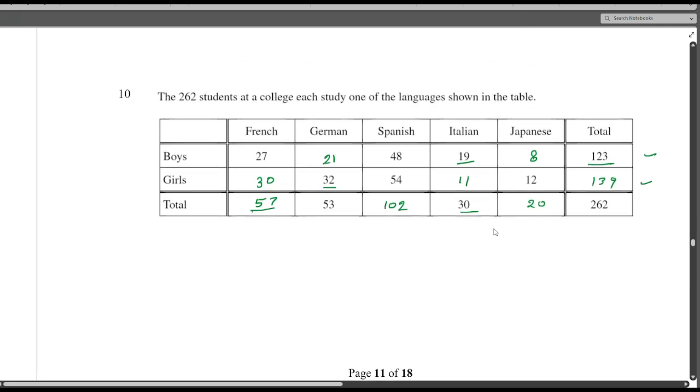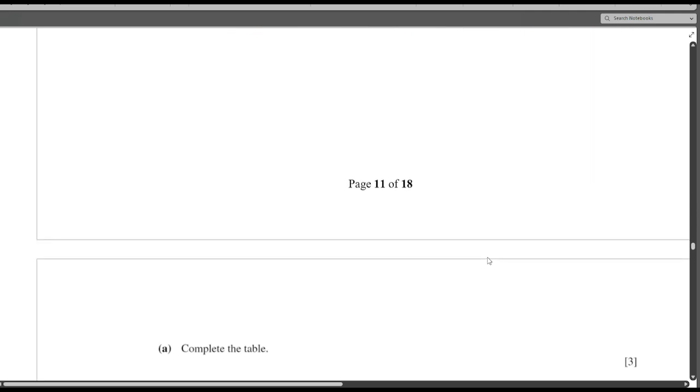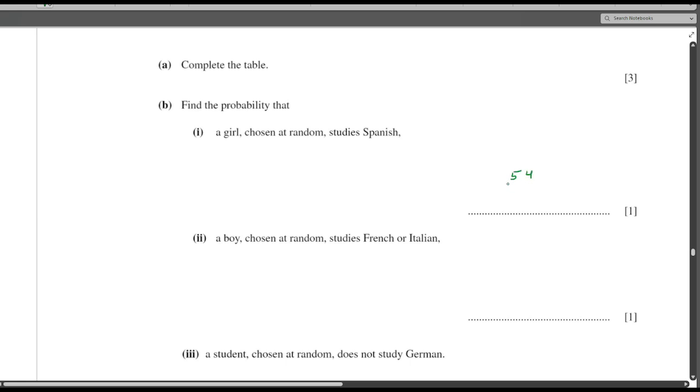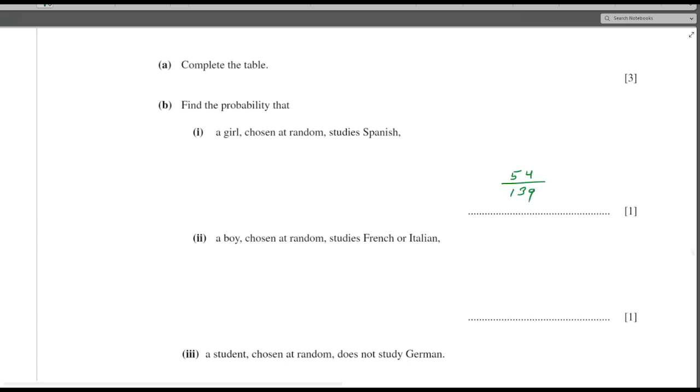A girl chosen means it is given that the student is a girl. So I have a total of 139 girls, and she is studying Spanish. There are 54 such students. So 54 divided by 139. Now we have to be very careful about the wording.